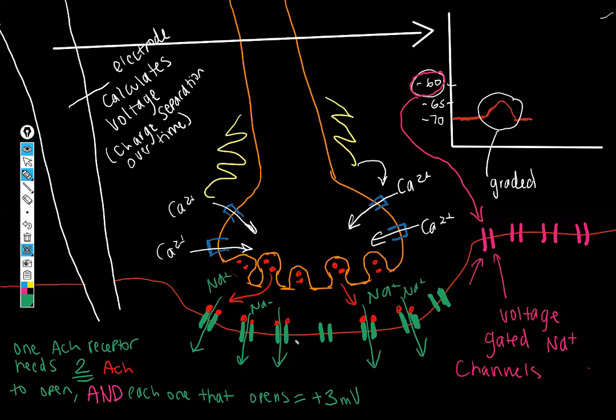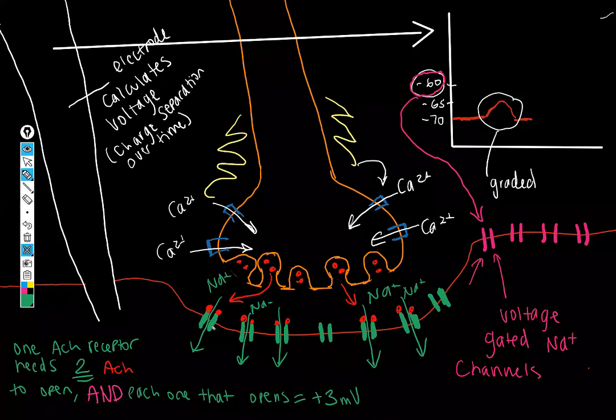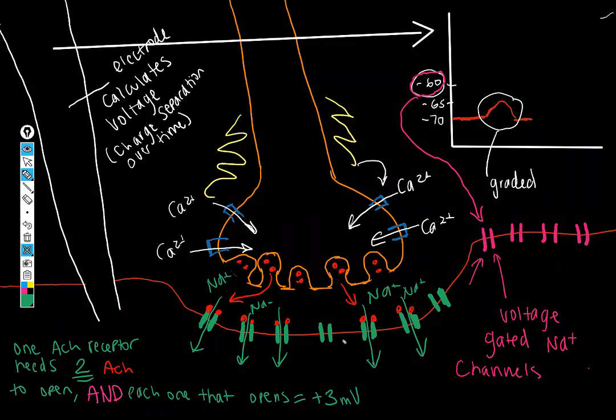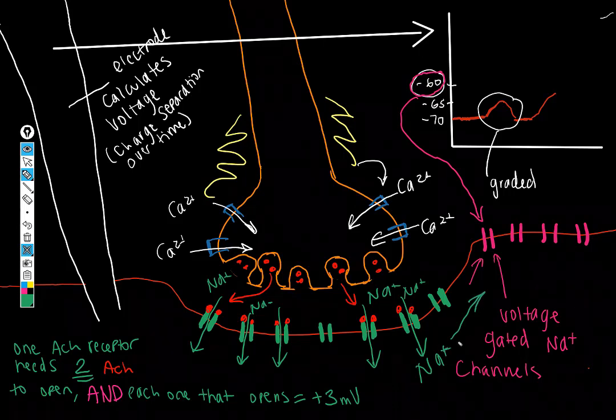So now I have 3, 6, 9, more than enough to get to threshold, right? So this graded potential is going to go up. And that's enough of a sodium influx because sodium doesn't go into the membrane and then just stay here. It diffuses laterally because there's no sodium over in that direction.